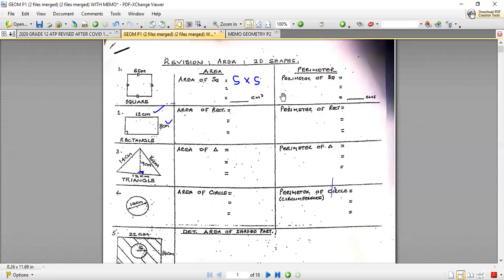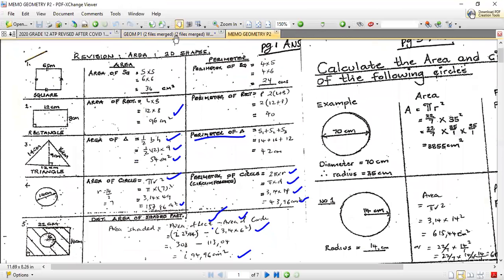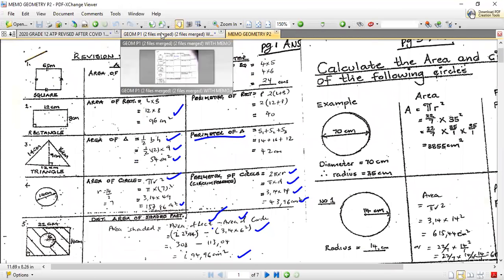But for the perimeter of the square, we would add all 4 sides, because that's our definition of perimeter, the distance around a figure. So that would give us 4 times 6, which is 24. Right, so that was easy.